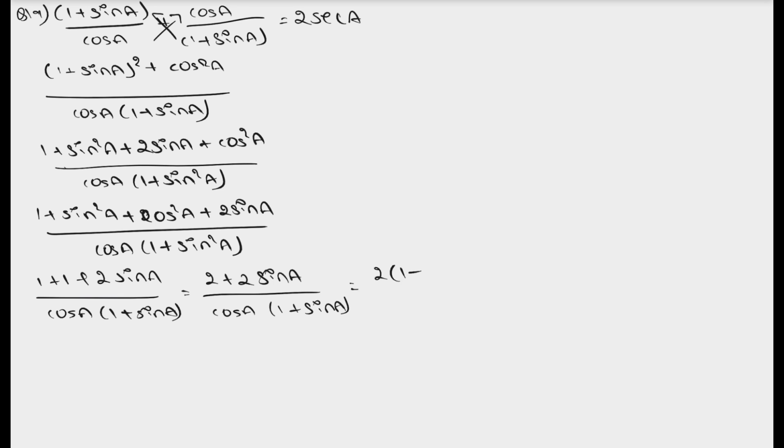We'll get 2 times (1 plus sin A) by cos A into (1 plus sin A). So here we have the same terms in numerator and denominator. Let's simplify that. So we are left with 2 by cos A, that is the inverse of cos. The inverse of cos is nothing but secant.